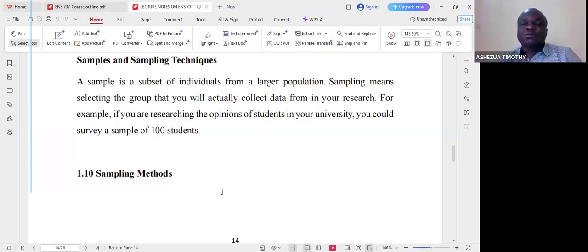So when you choose a small population from a larger population, that is a sample of that population. You are taking a sample of that population to perform your research.